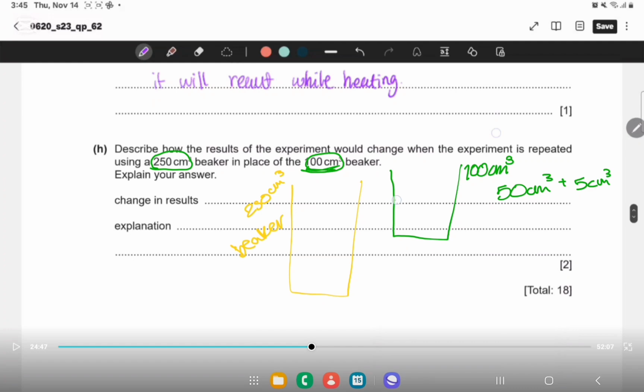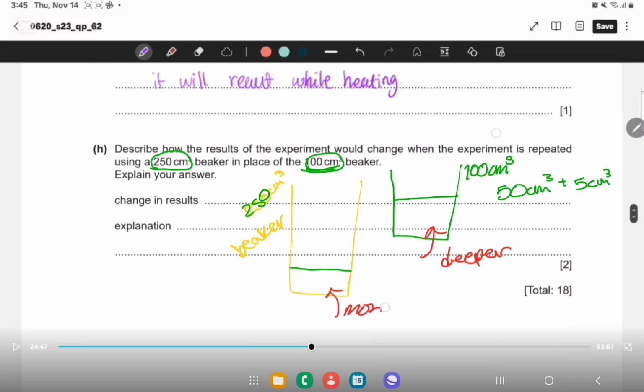So it would fill up around half of the 100 centimeters cubed beaker. But in the 250 centimeters cubed beaker, it would fill up maybe a quarter. So it would fill up less depth. So what's the main difference between these two? The depth, right? Here it is deeper rather than here.